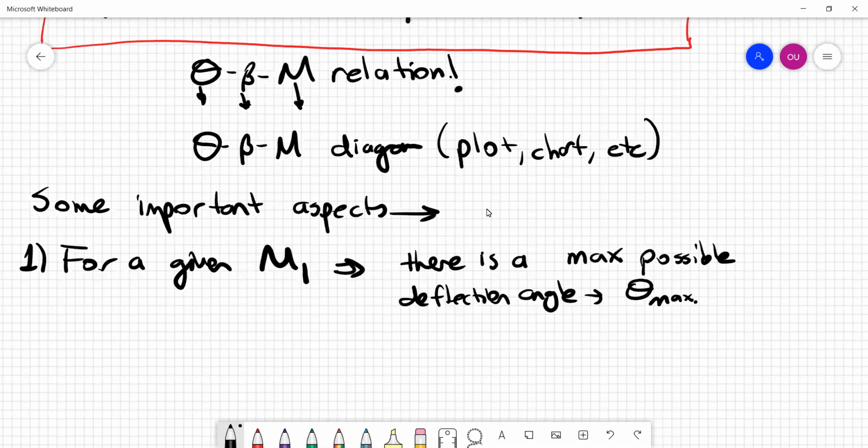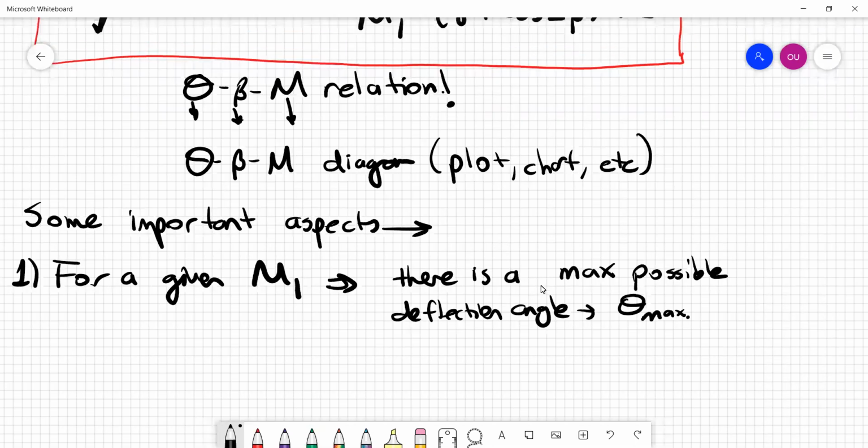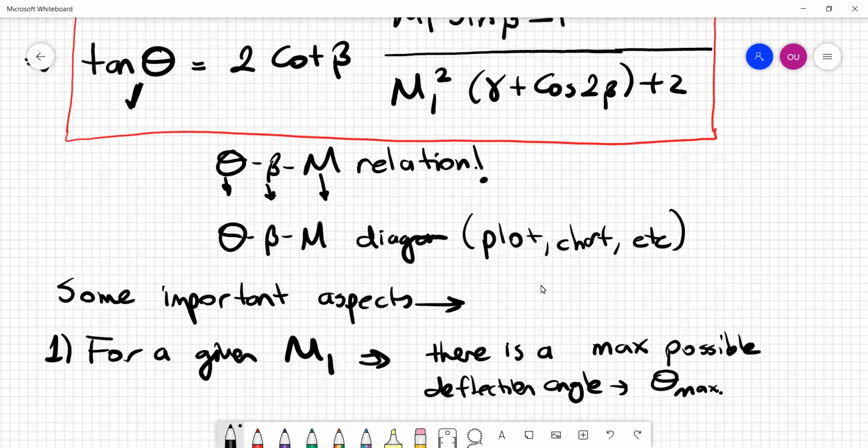Which means that for this equation to hold, if you insert here M1 as an input, corresponding to this M1, there's in reality a maximum value for theta that can work.